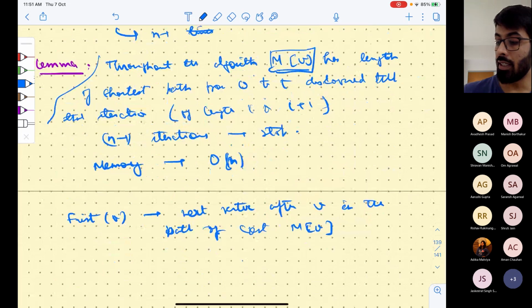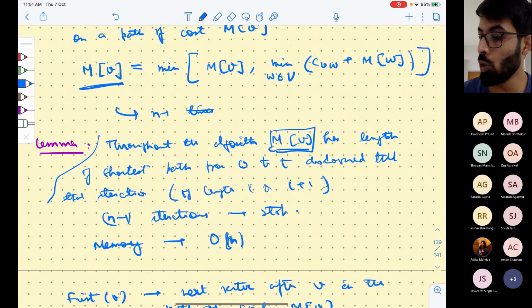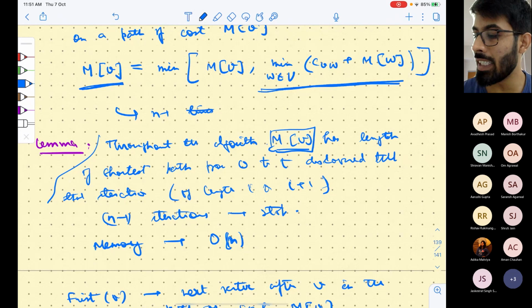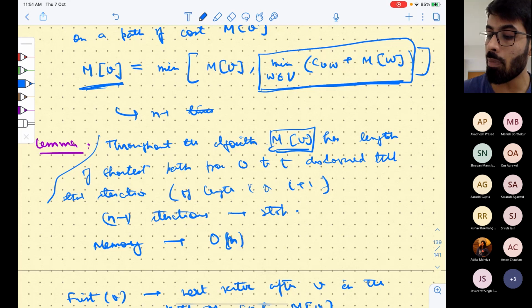And how do we update this? Whenever we update M[v] using this value, whenever, let's say, it is less. So we update M[v] only when this one is less, because we might want to update when it's equal also, but let's not do that. Let's update M[v] only if this value is less than the current M[v].